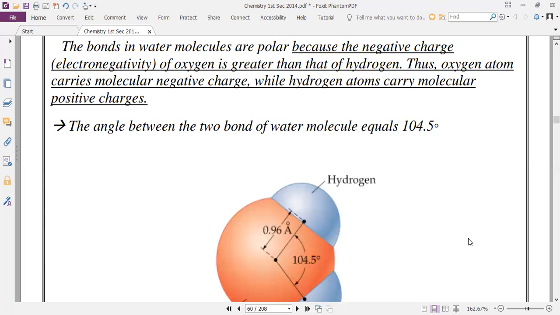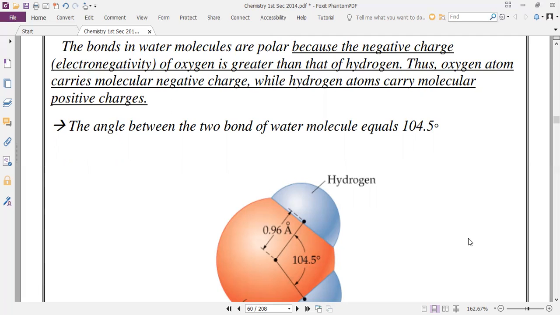So oxygen will attract hydrogen to its atom, while hydrogen in this case carries a partial positive charge, but not a full positive charge. As you can imagine, if hydrogen had a positive charge, it would lose electrons.